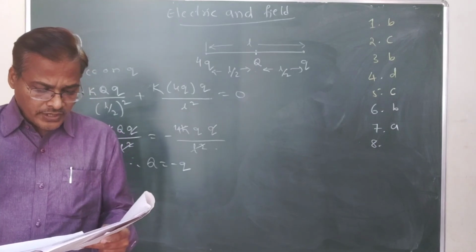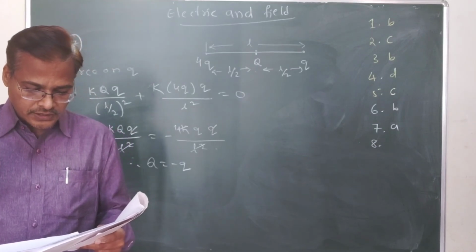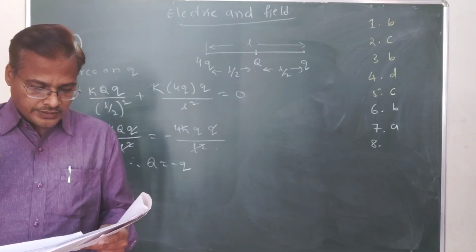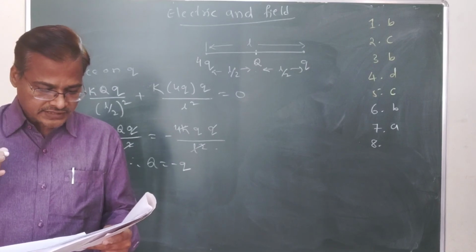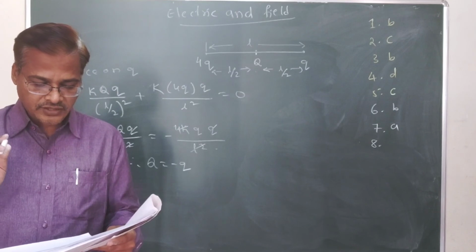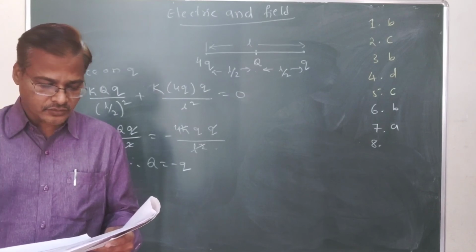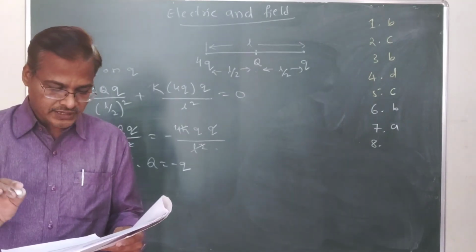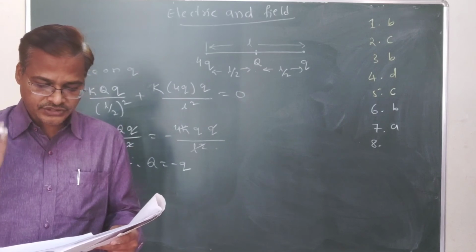Here we are going to calculate this. Infinite number of charges, each of magnitude q, are placed along the x-axis at x equal to 1 meter, 2 meter, 4 meter, 8 meter, 16 meter, and so on.